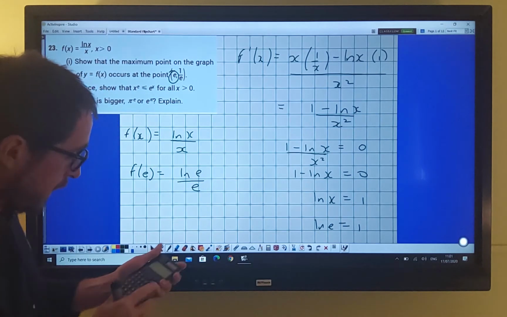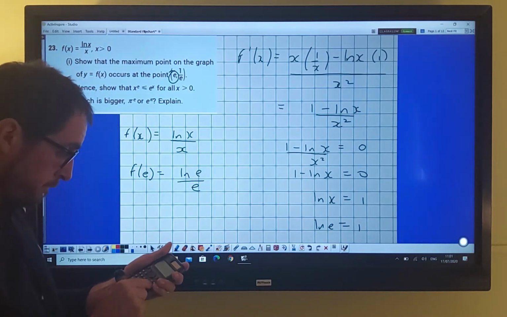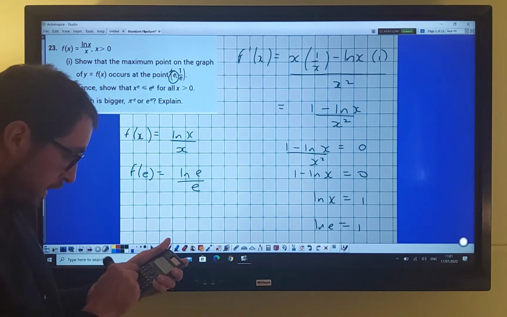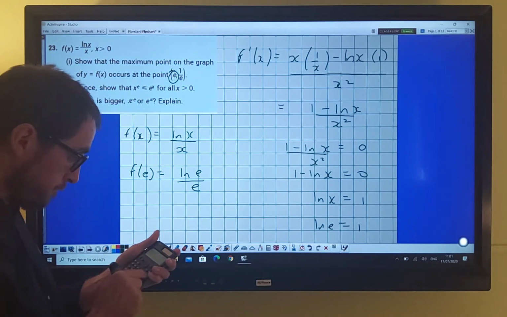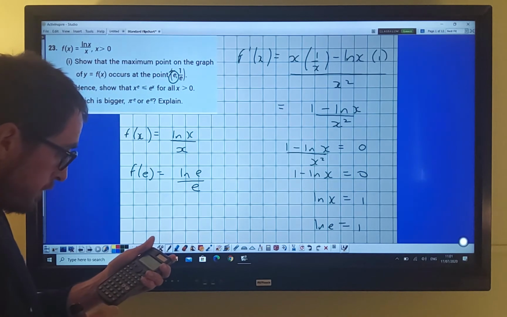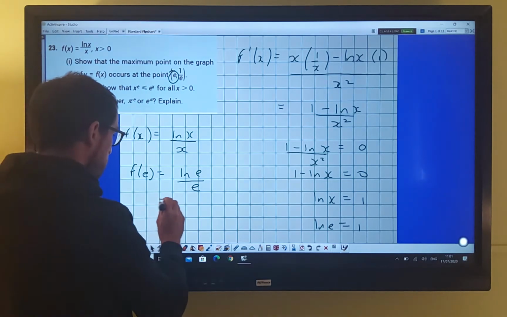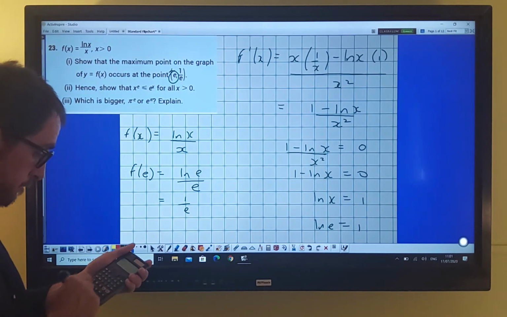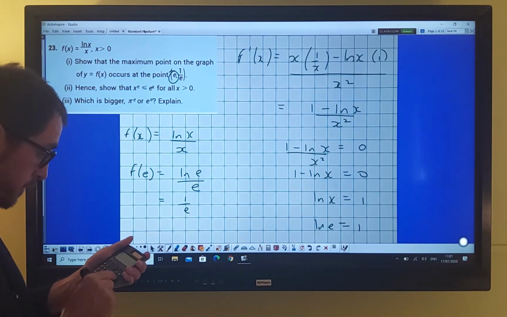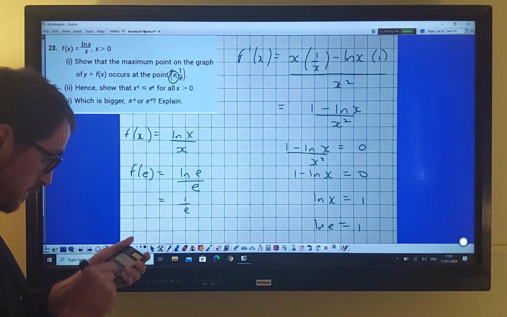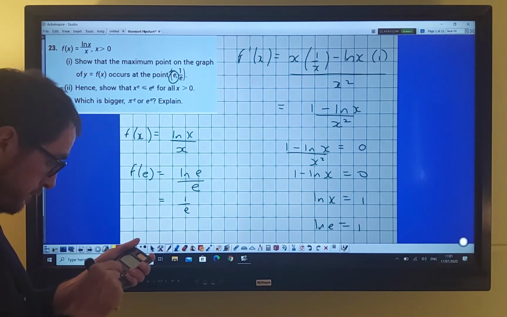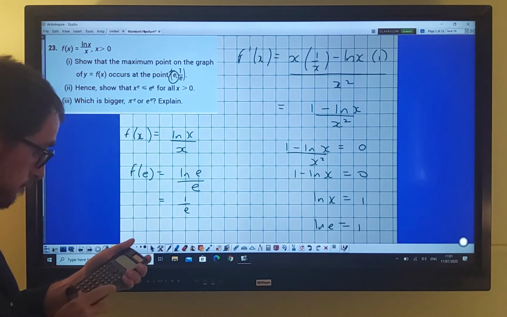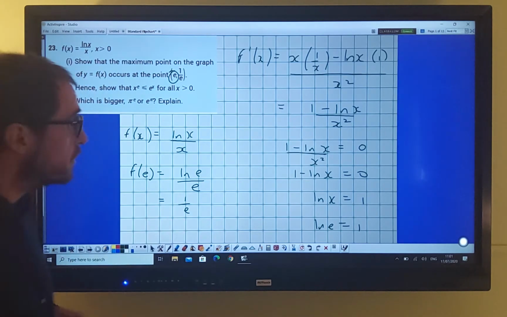If I put that into the calculator, ln of e all over e, that's equal to 1 over Euler's number. Just to show you that comes up as that. So that's how you do that one there.